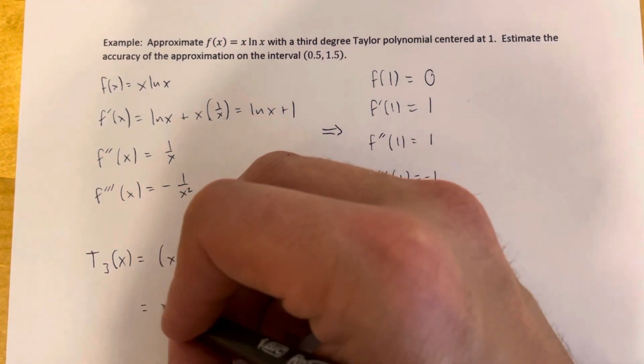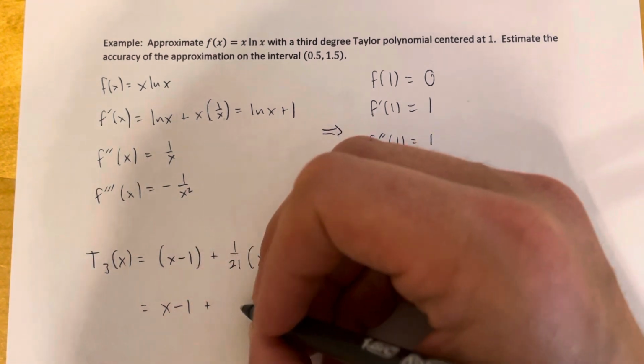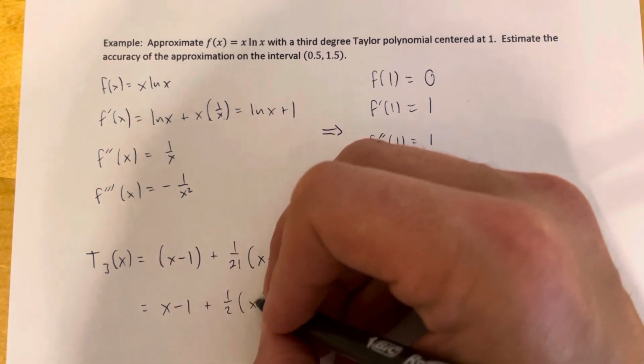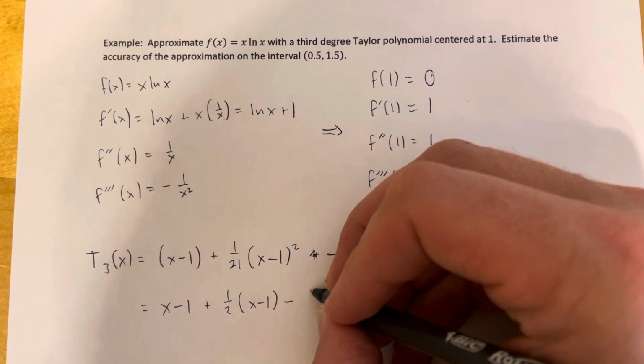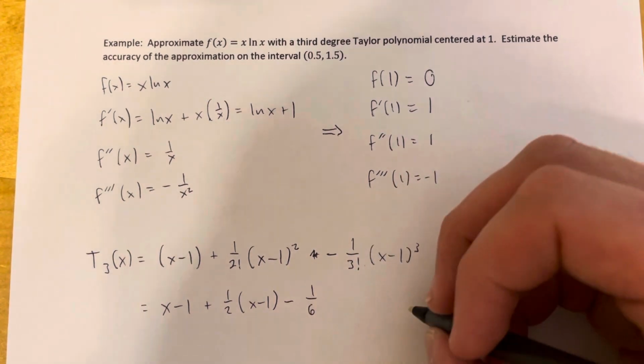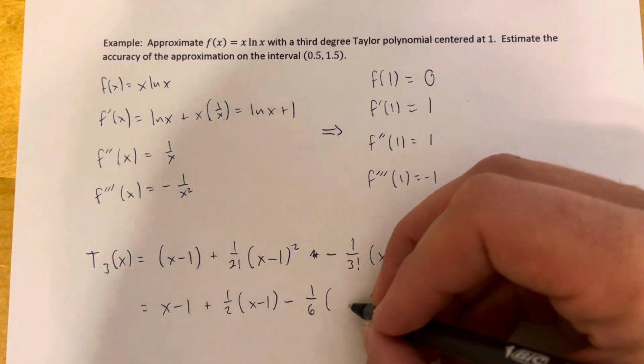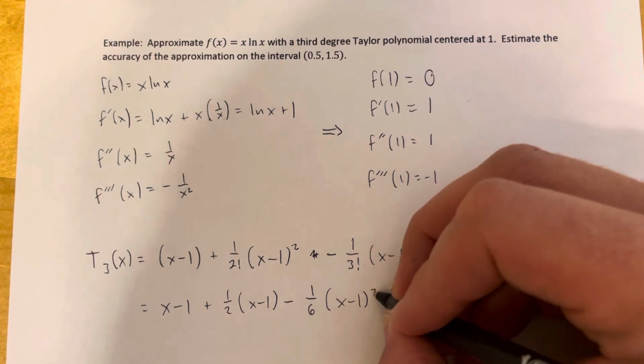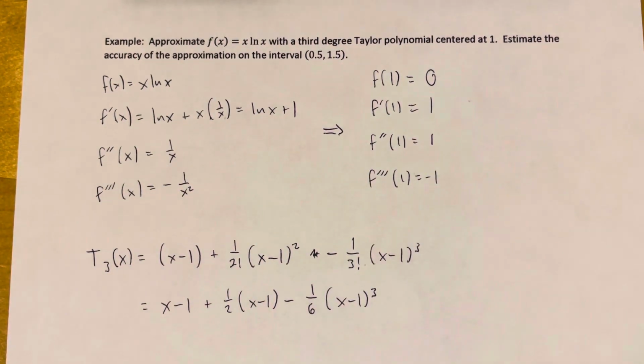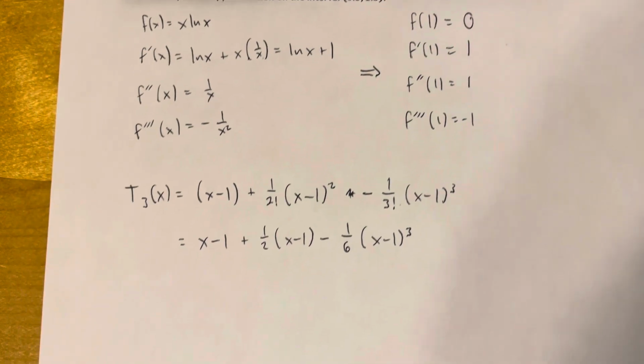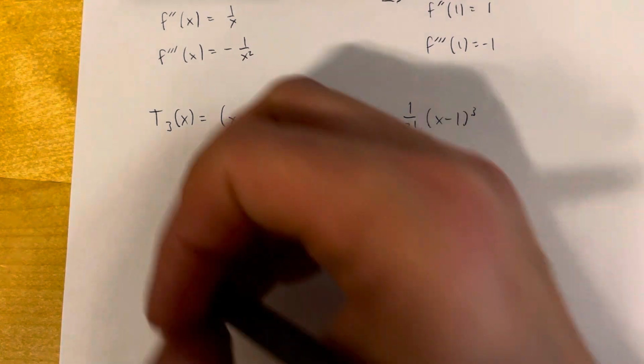I can write this as x minus 1 plus 1/2 x minus 1 squared minus 1/6 x minus 1 cubed, since 3 factorial is 6. So there's my third degree Taylor polynomial. And now what I'm going to need is that upper bound. So I'm going to apply Taylor's inequality.